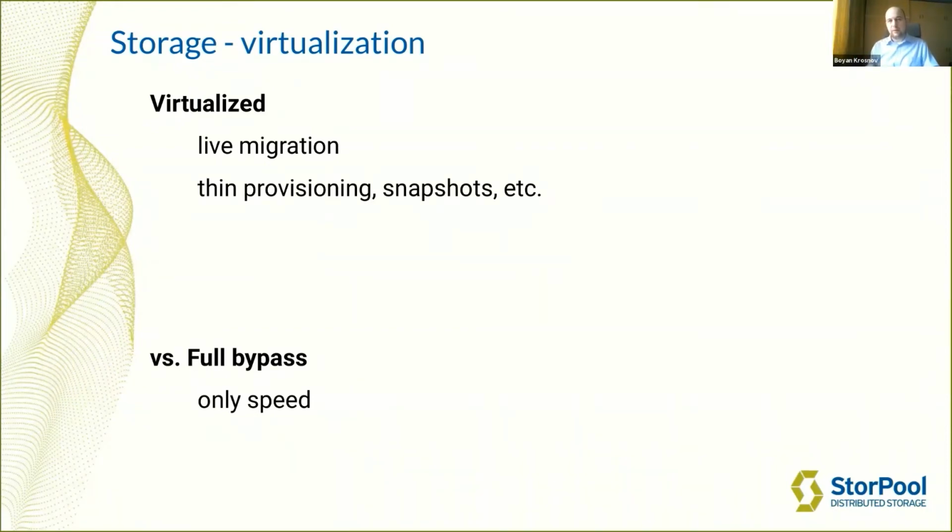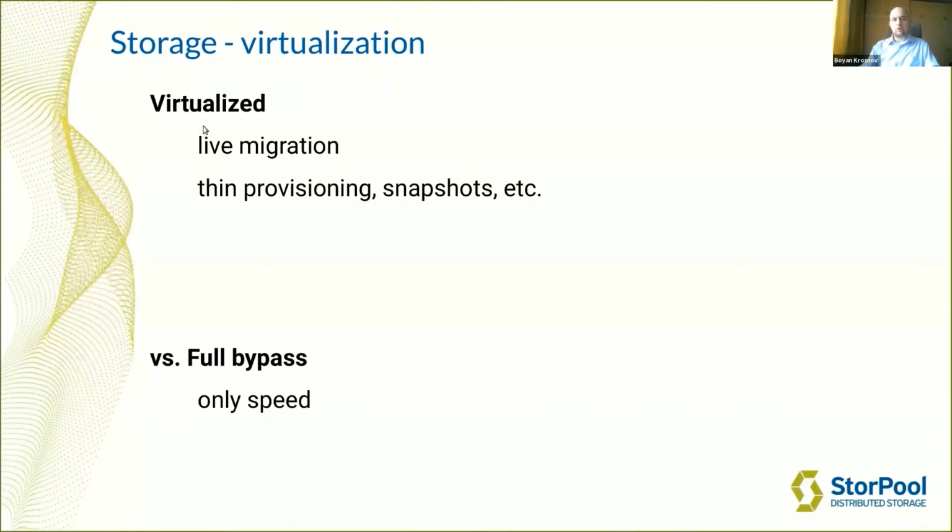Or if the NVMe device supports VFs, you could pass a part of an NVMe device directly to a particular virtual machine. But you only get speed with that, and you don't get live migration, and you don't get high availability or any other data management features such as snapshots, thin provisioning, or cloning, etc. Right?